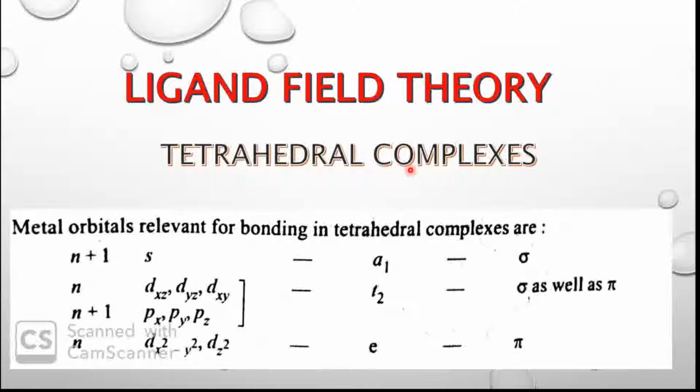So it is very difficult to give a clear picture of the ligand group orbitals of tetrahedral complexes. That's why you will not find tetrahedral complexes in pretty much detail in any of your textbooks.